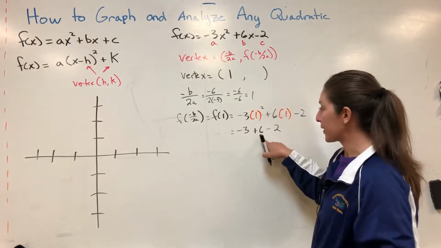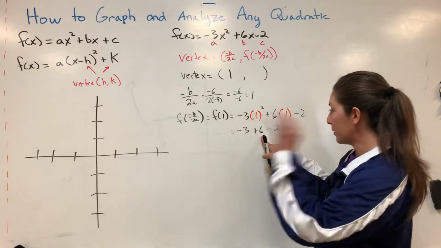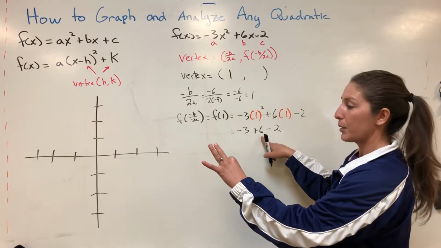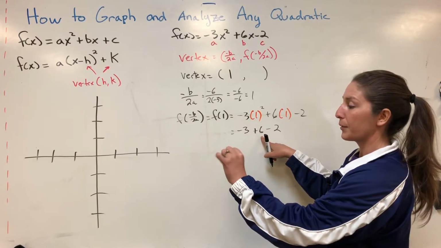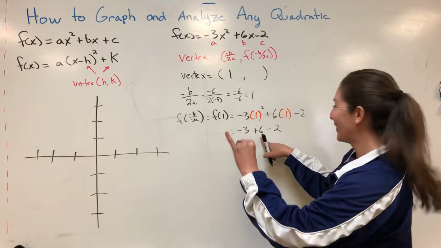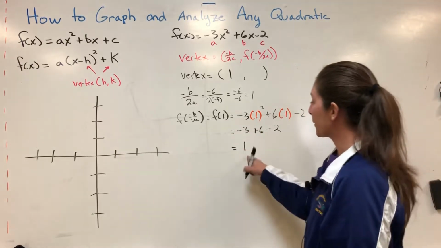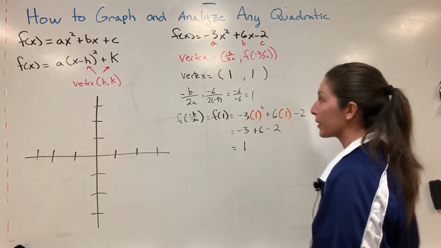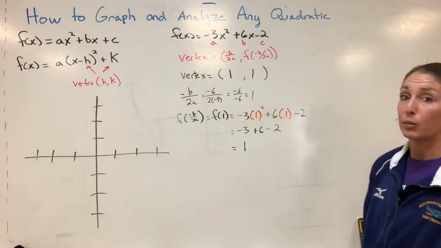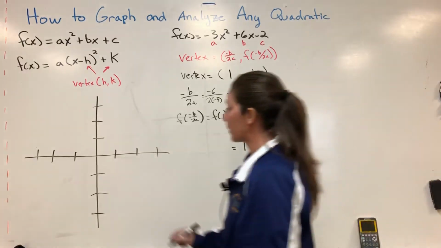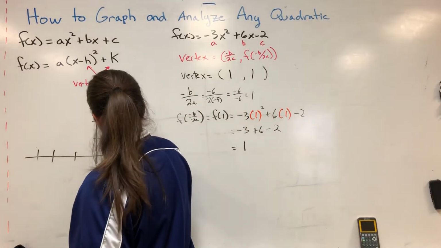Negative 3 plus 6 is positive 3. Positive 3 minus 2 is 1. So the y-coordinate of my vertex is also 1. So my vertex is going to occur at the point 1, comma 1. So I go to the point 1, comma 1.